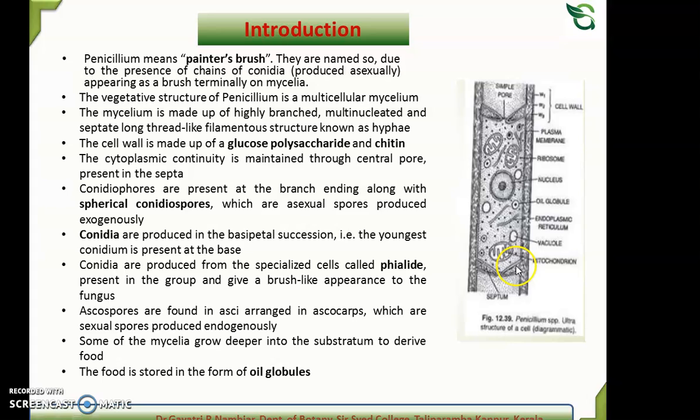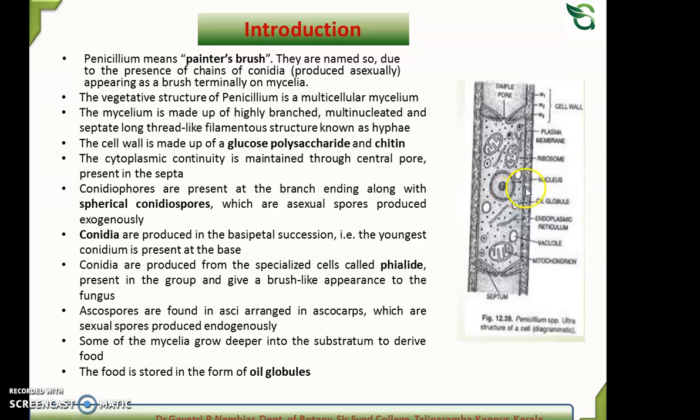These cells contain a nucleus and other cell organelles like endoplasmic reticulum, mitochondria, ribosomes, etc. So the vegetative structure of Penicillium is a multicellular mycelium, and the presence of septa makes the mycelium multicellular, and the cells are interconnected by means of a small pore, and the cells are eukaryotic in nature.